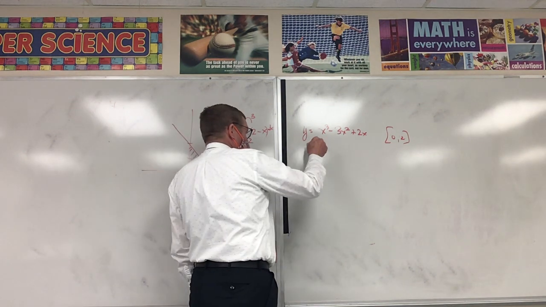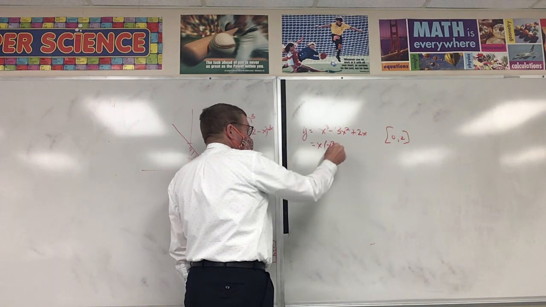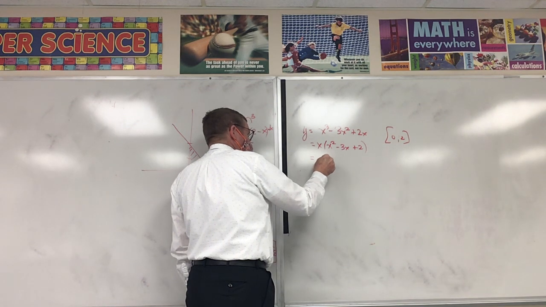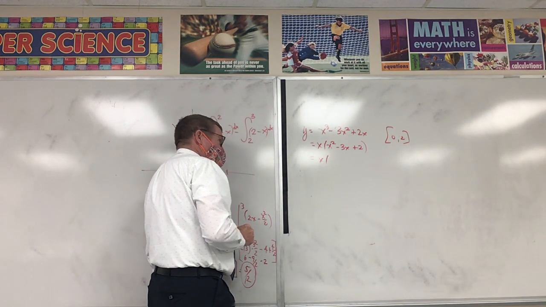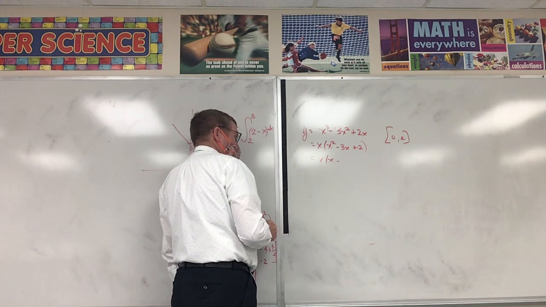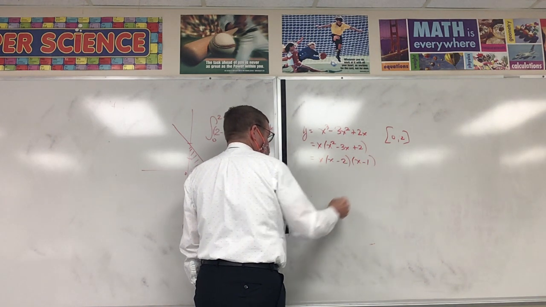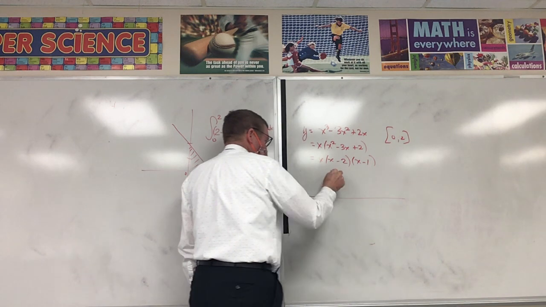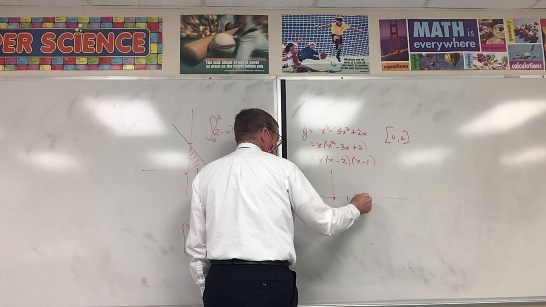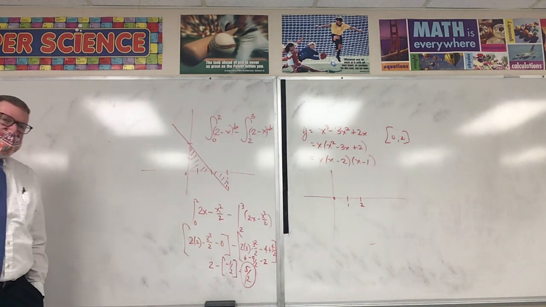If I factor out the x, I get x squared minus 3x plus 2. The factors of x squared minus 3x plus 2 are x minus 2 and x minus 1. So when I look at this graph, I have a 0 at 0, a 0 at 1, and a 0 at 2. A cubic function looks like what?